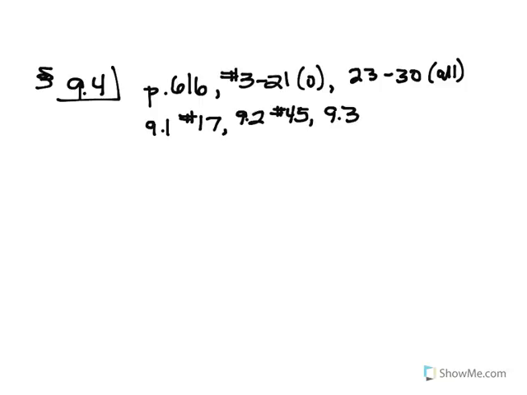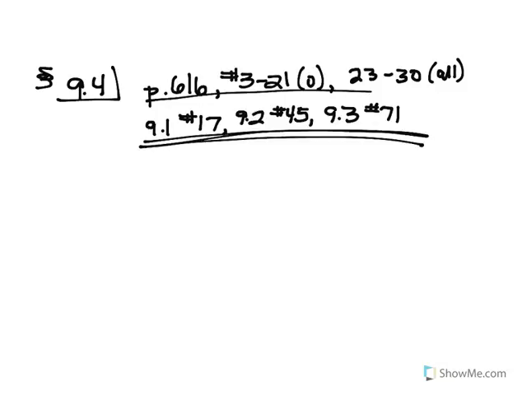And then section 9.3, do number 71. It's up to you as to what strategies you use. You could do these review ones first and then go to the new ones, or vice versa. Either way works. But since we didn't get through both tests, you could go ahead and do the review ones first and then start in on page 616.